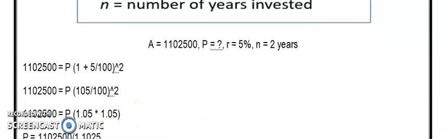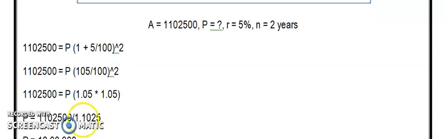We can further solve it: 11 lakh 2500 = P times (105/100), which is 1.05, squared, so we multiply 1.05 into 1.05. We keep P on one side and bring the remaining parameters to the other side.